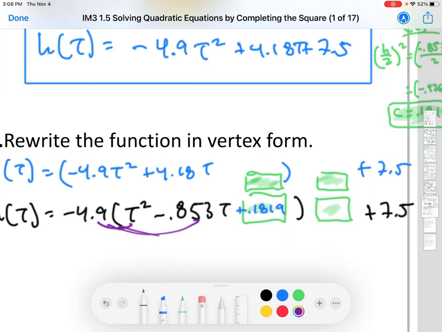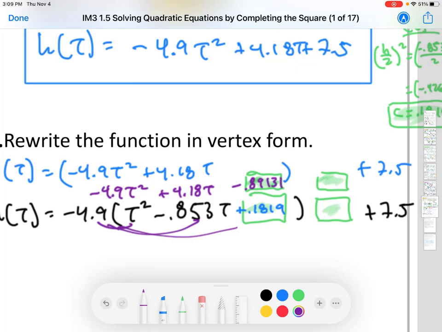If I distribute this back out, this will give me negative 4.9 t squared plus 4.18 t, and negative 4.9 times 0.1819 gives me negative 0.89131.